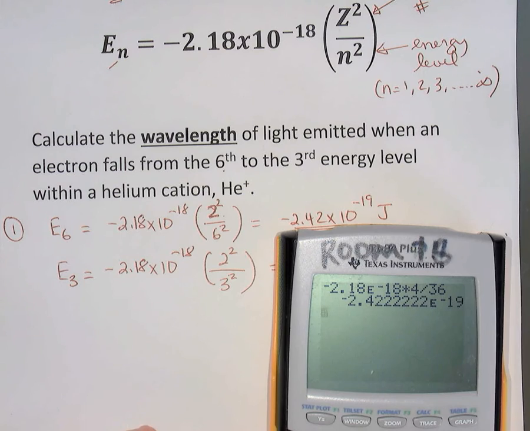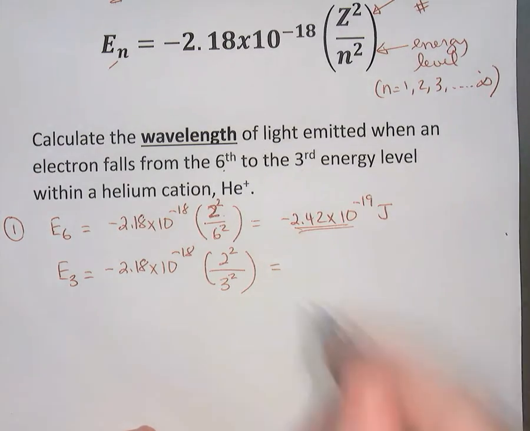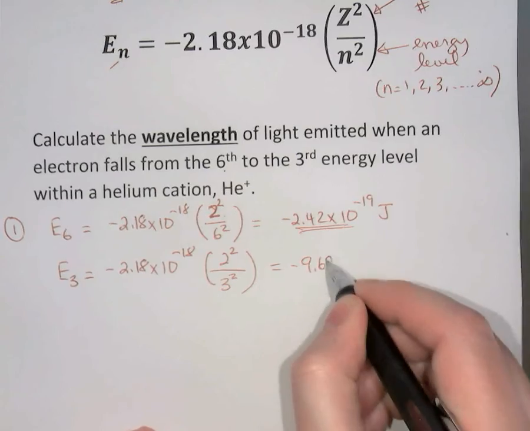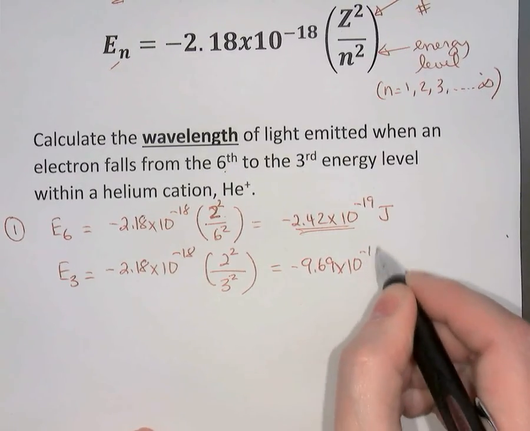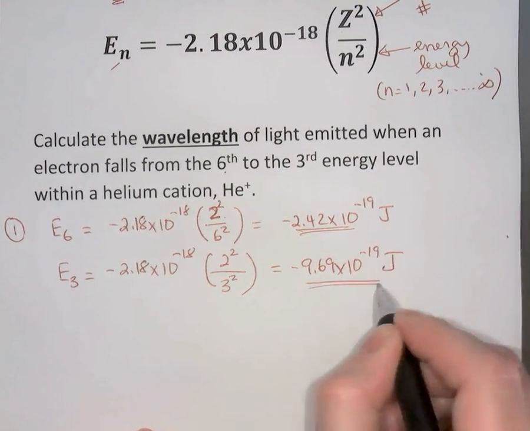Doing the same thing for level 3. Now, if you want to save some time on a graphing calculator, you can go second function, enter, to bring up the last thing you did, and then instead of typing all that in again, I'll just divide now by 9. So, negative 9.69 times 10 to the minus 19 joules.